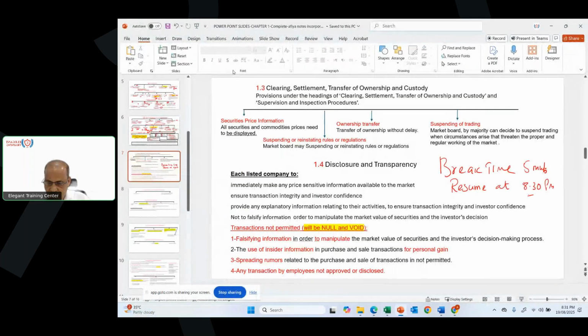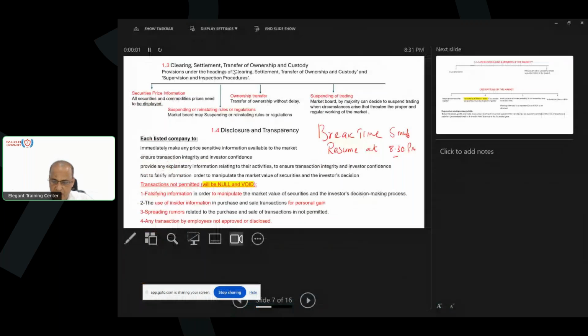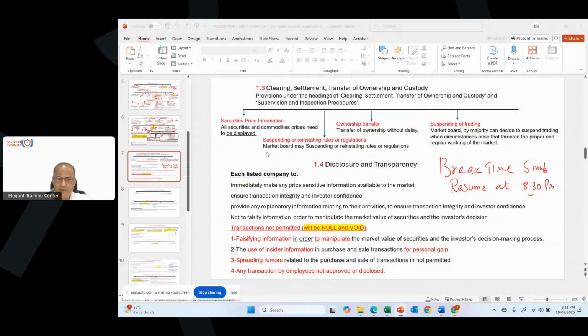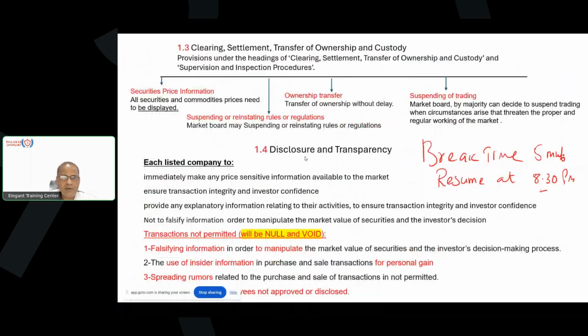So we will discuss now the clearing. Clearing, settlement, transfer of ownership, and custody. Provisions under headings clearing, settlement, transfer of ownership and custody, and supervision and inspection procedures.